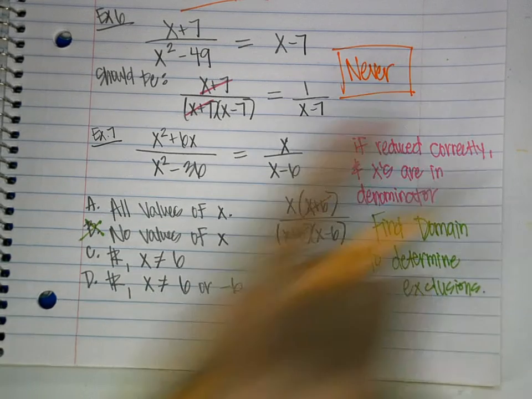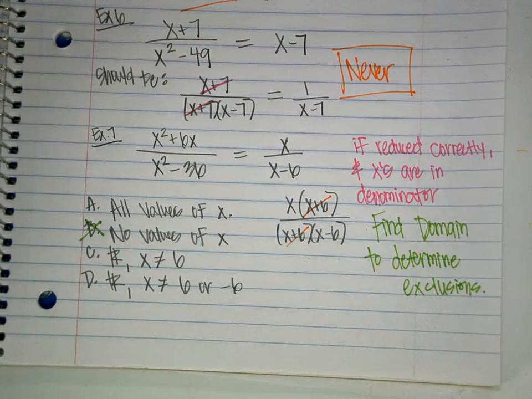Okay, so basically I want you to find the domain of this. Find the domain to determine the exclusions.